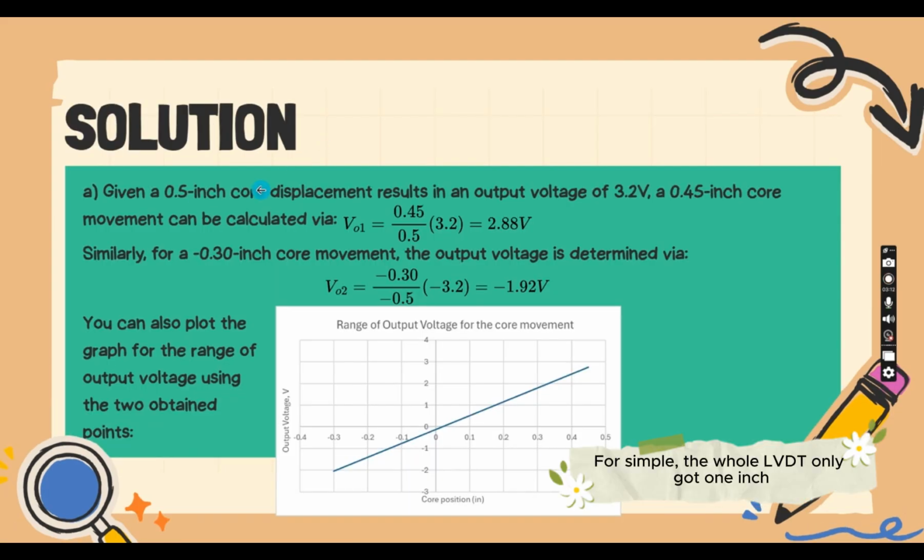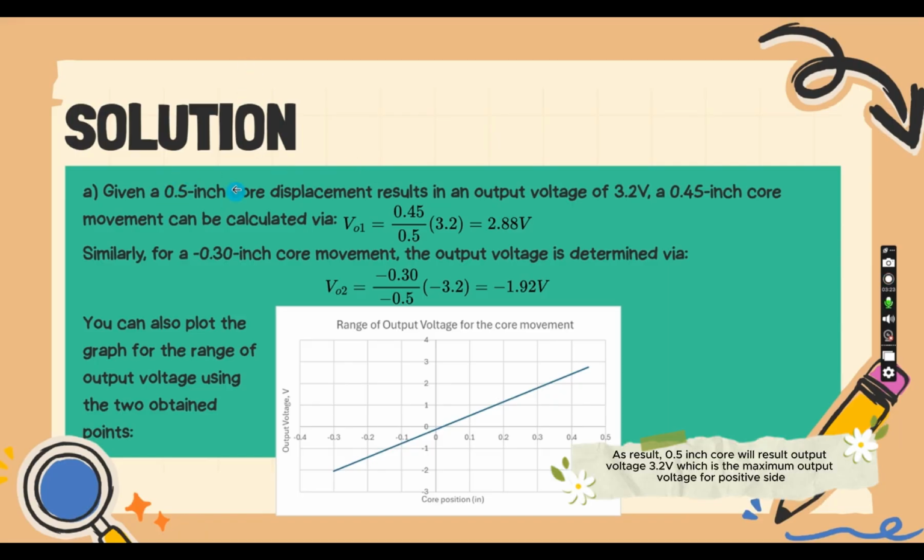For simplicity, the whole LVDT only has 1 inch, 0.5 for the negative side, 0.5 for the positive side. As a result, 0.5 inch core displacement will result in an output voltage of 3.2 volt, which is the maximum output voltage for the positive side. For 0.45 inch, we can simply calculate using the displacement over the max displacement times the max output voltage.